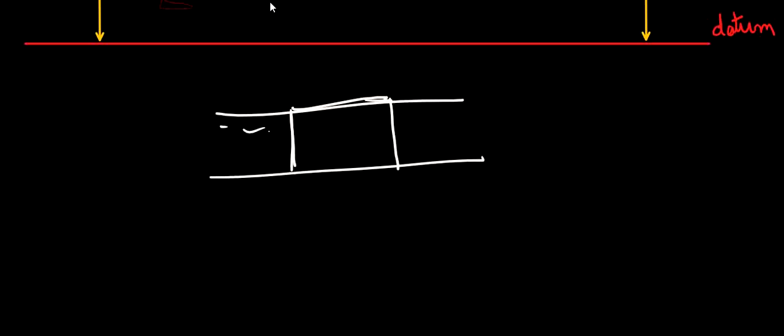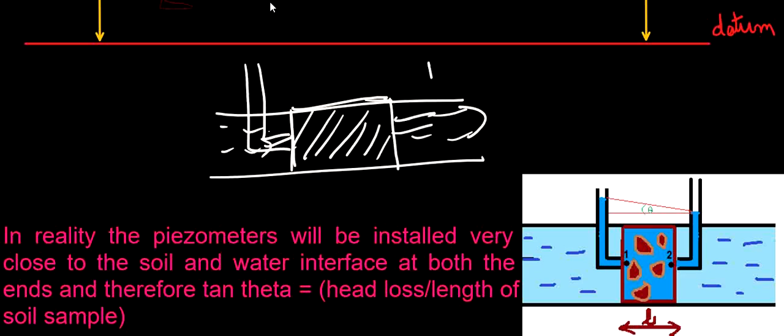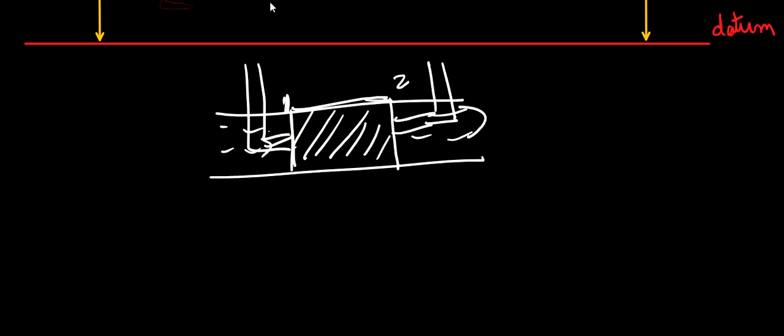This is the inflow, this is the outflow. So this is my soil sample. I will be measuring pressure head across these points, at the very first starting interface and the very last interface.